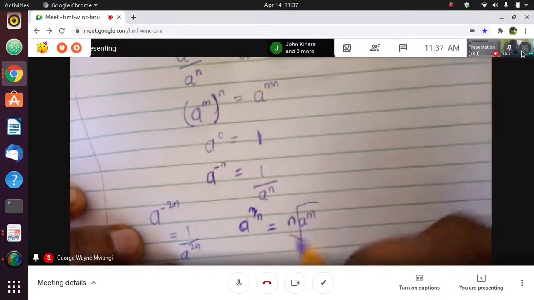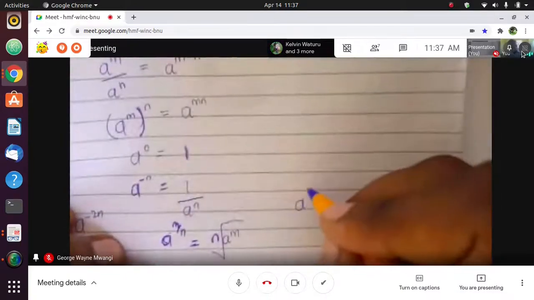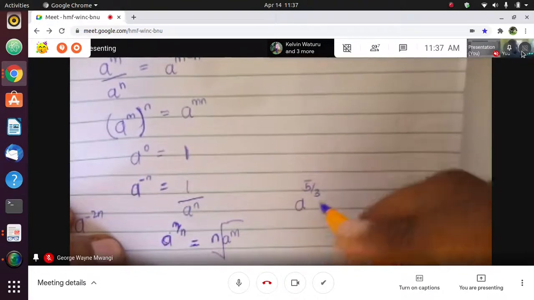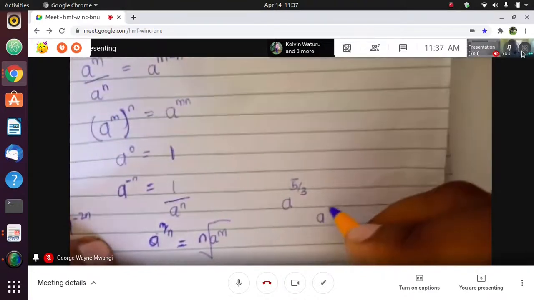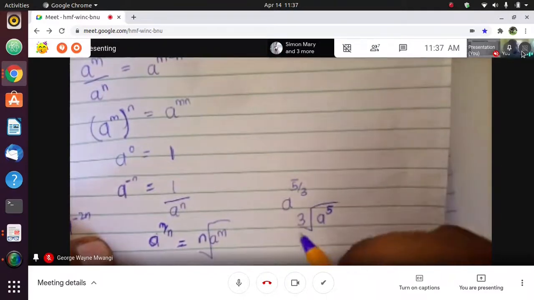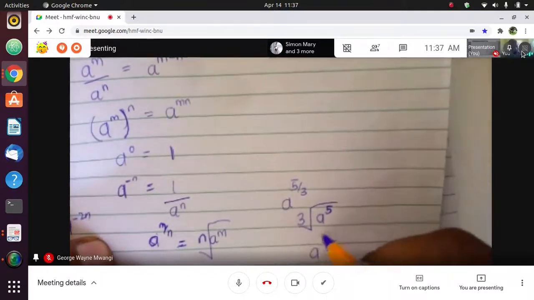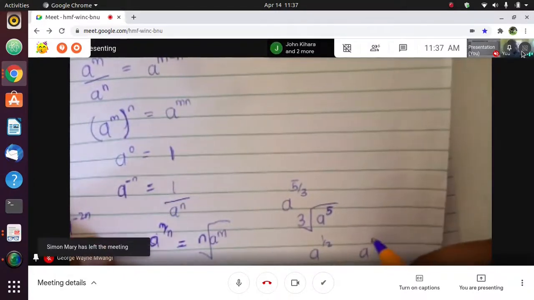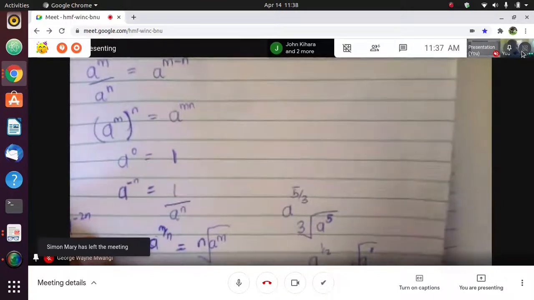Sawa. If we raise mfano a raised to power 5 over 3, it is the same as saying a raised to power 5, and you find the cube roots. If you have a raised to power half, it is the same as saying a raised to power 1, and you find the square roots.